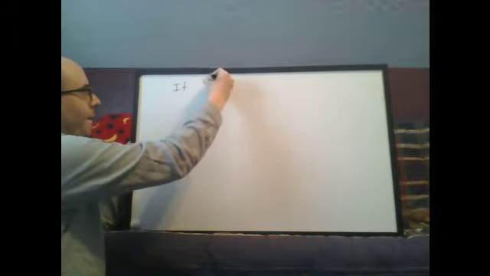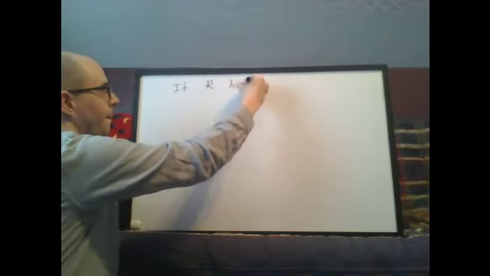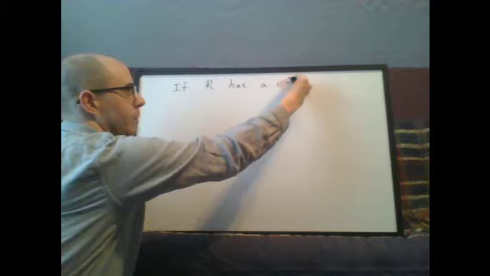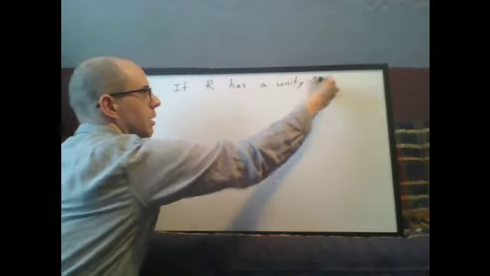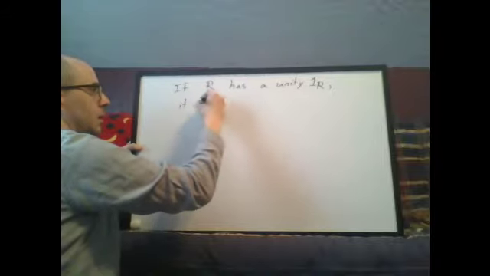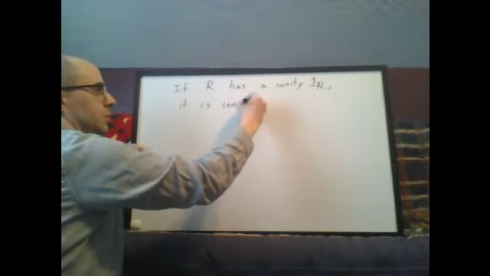So I don't want to prove these. The proofs are very similar to things we saw back in group theory. If R has a unity, it is unique.